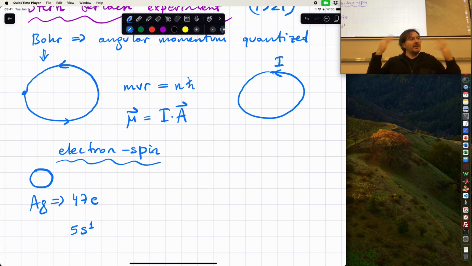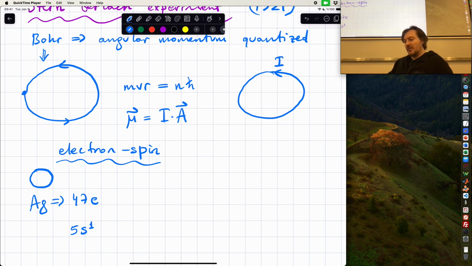The idea was that the electrons of silver would have quantized angular momentum and concomitantly, let me use that word that I use in papers, concomitantly it would have a discrete magnetic dipole moment.